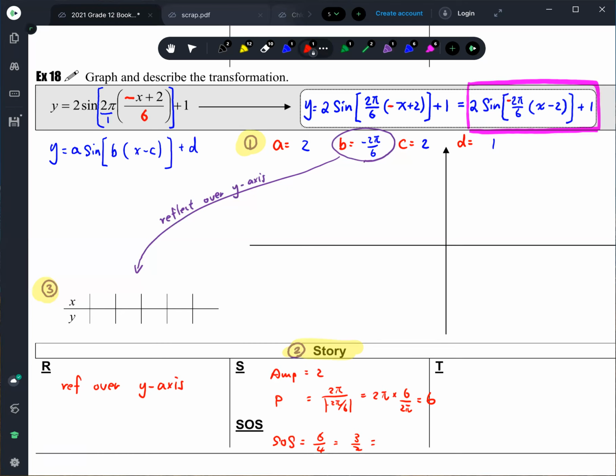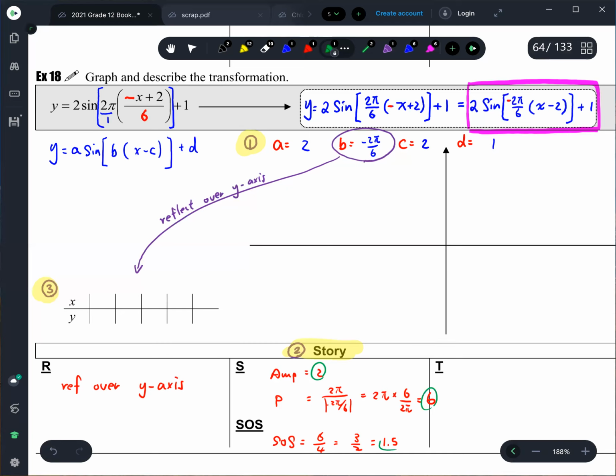What's that in decimal? 1.5. Yeah, 1.5 will be easier to do the step size, instead of fraction. Okay, so those are the numbers we can use, right? The 2, the 6, 1.5, reflection over y-axis.